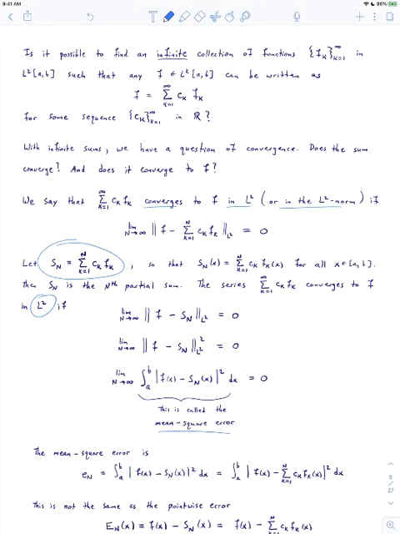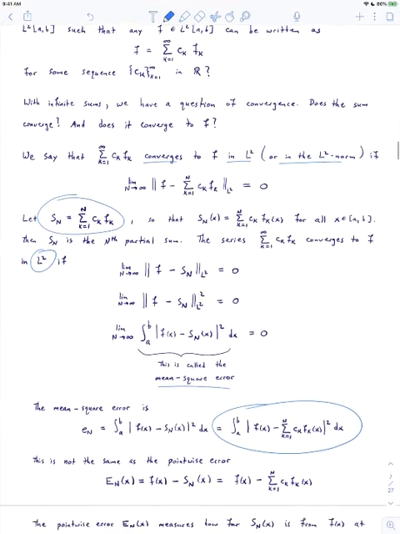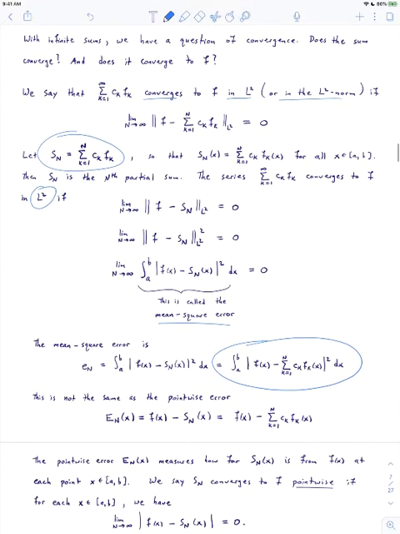If we write that out in terms of the ck's and fk's, it looks like this: f at x minus the partial sum from k equals 1 to n of ck fk, quantity squared. So you're looking at the error squared, and then you're integrating it. This is not the same as the pointwise error. The pointwise error is what we're calling capital En, and that depends on x.